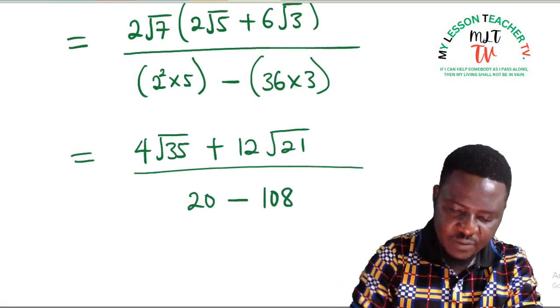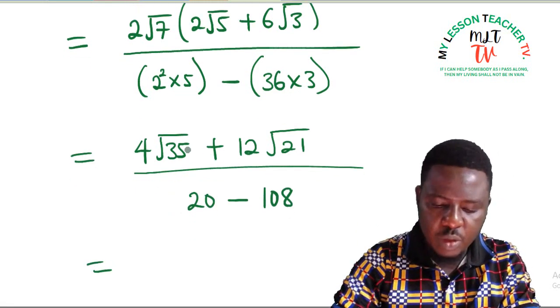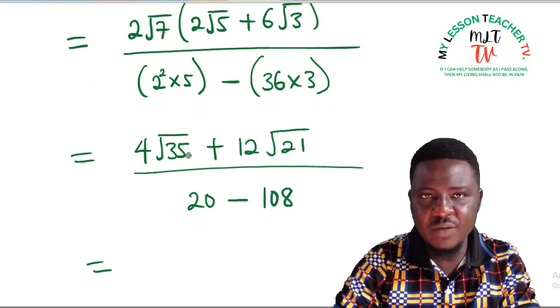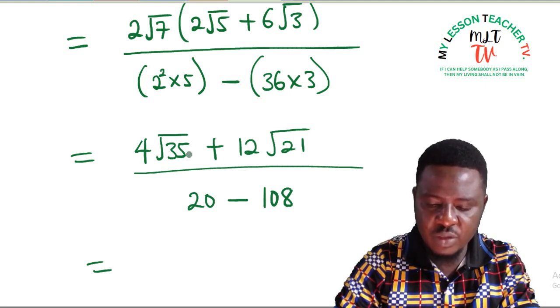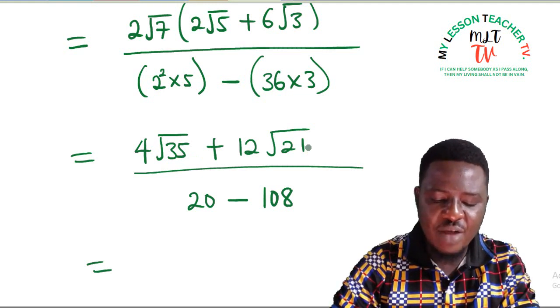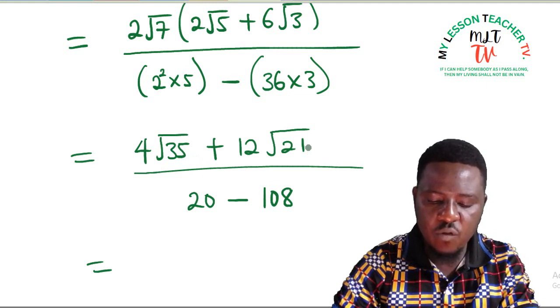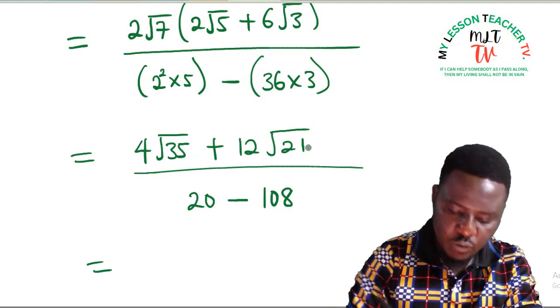So simplifying this further, root 35 is said to be in its basic form, as it cannot be expressed as a product of two factors where one is a perfect square. Same thing with 21, I will then leave them like that, while I factorize out 4, because 4 is a factor of 4 and 12.